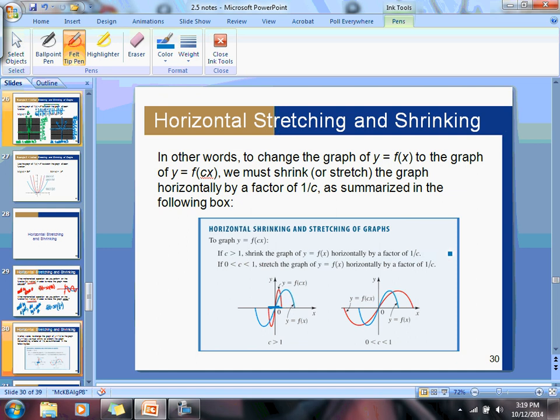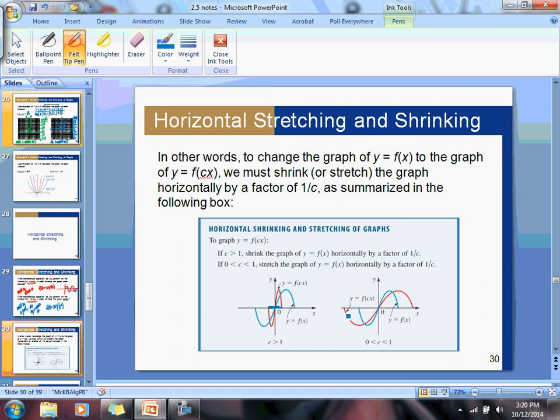And then when you're trying to stretch a graph, you're going to divide by that whole number. They give you the values for c down here. You could also have it 1 over cx. Okay.